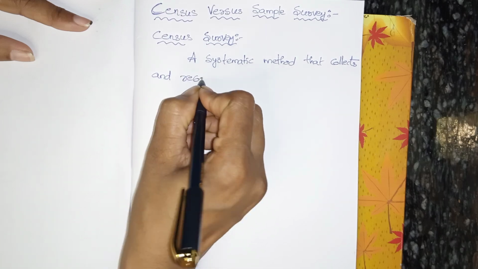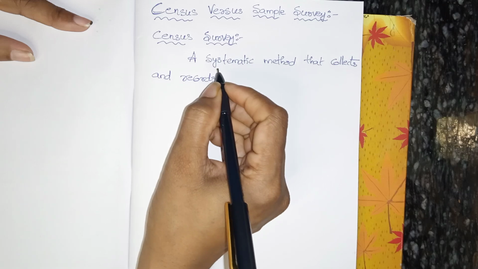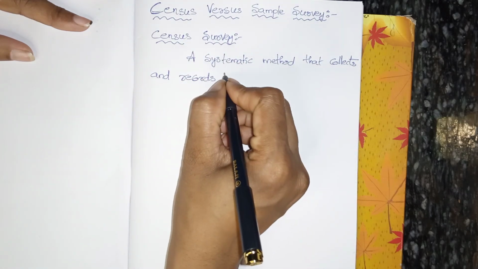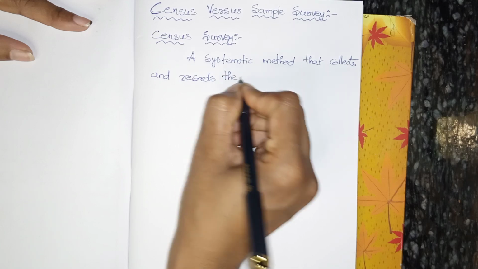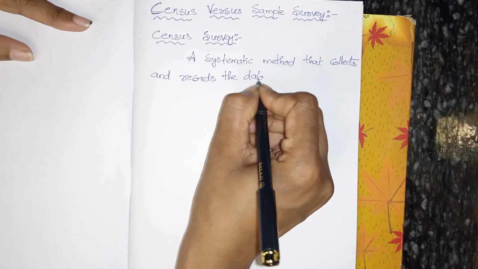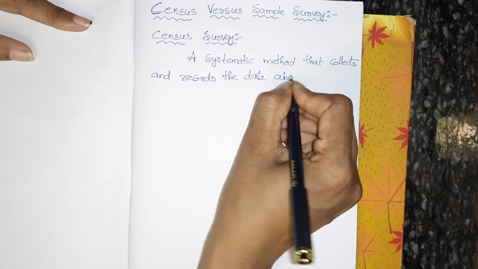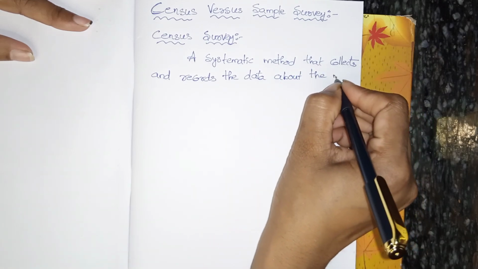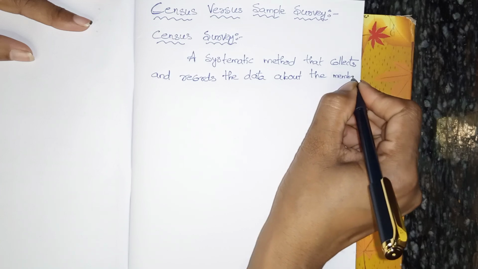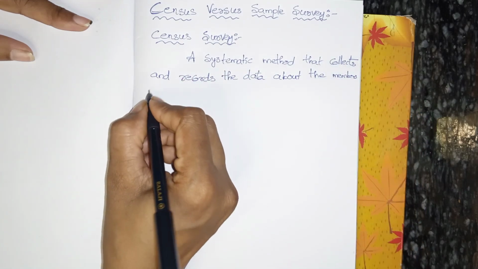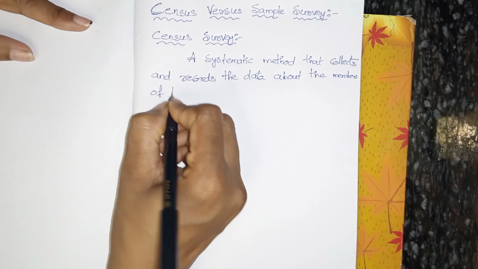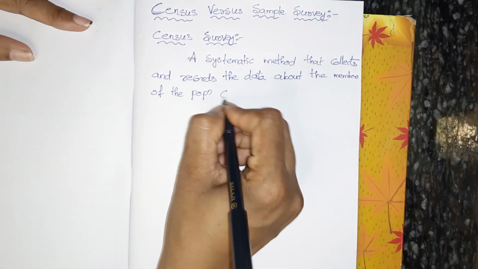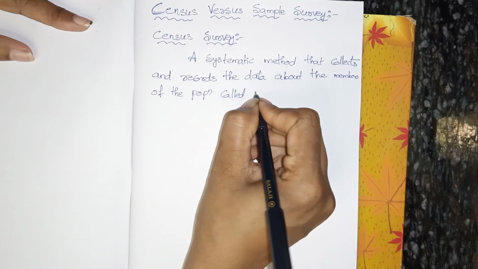So what we are going to do, we are going to collect the data and record, in the sense nothing but store, the data about the members, or items we can say, members of the population, called census.